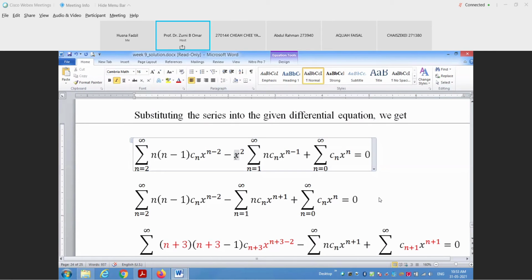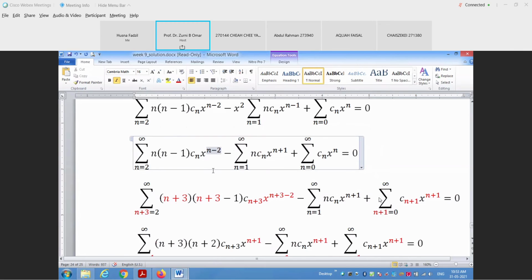In fact, whatever terms are outside of the summation, you have to bring them inside, so that then you can combine, providing that all the powers and also all the indices are the same. So in this case, we cannot combine because the powers are not the same, and neither are the indices.